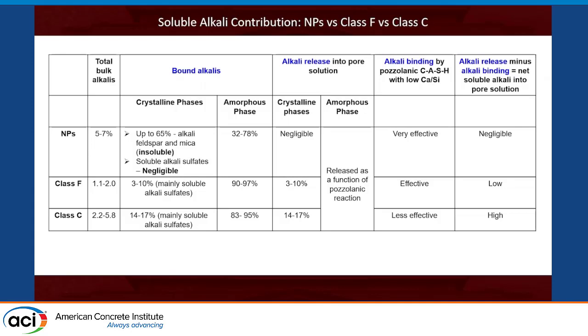So it is negligible for natural pozzolan. Class F is very low, but for Class C you see the big difference. Class C contributes alkali from the crystalline phase and from the amorphous phase, and the alkali binding is not very effective. As a result, Class C contributes a high amount of soluble alkali in the pore solution. That makes the difference.